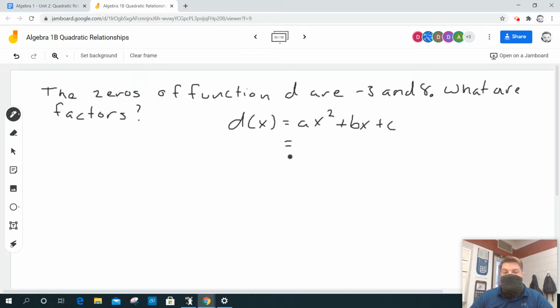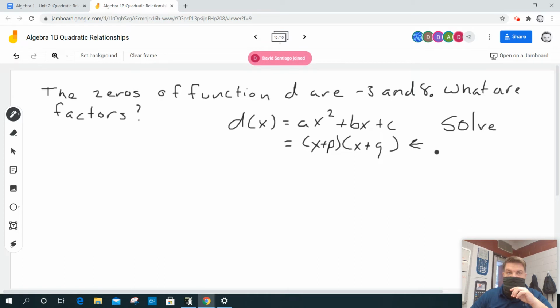Well, we know that if we were to solve this, that process, I end up factoring it into something like the quantity x plus p times the quantity x plus q, right? We go to factor some things out. And so they want to know what the factors are.